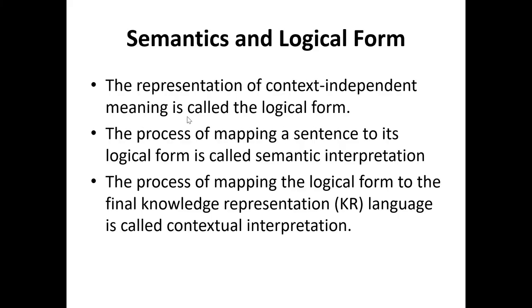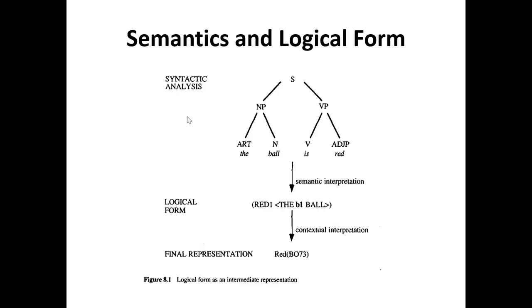The process of mapping a sentence to its logical form is called semantic interpretation. And the process of mapping the logical form to the final knowledge representation, which we denote as KR language, is called contextual interpretation.